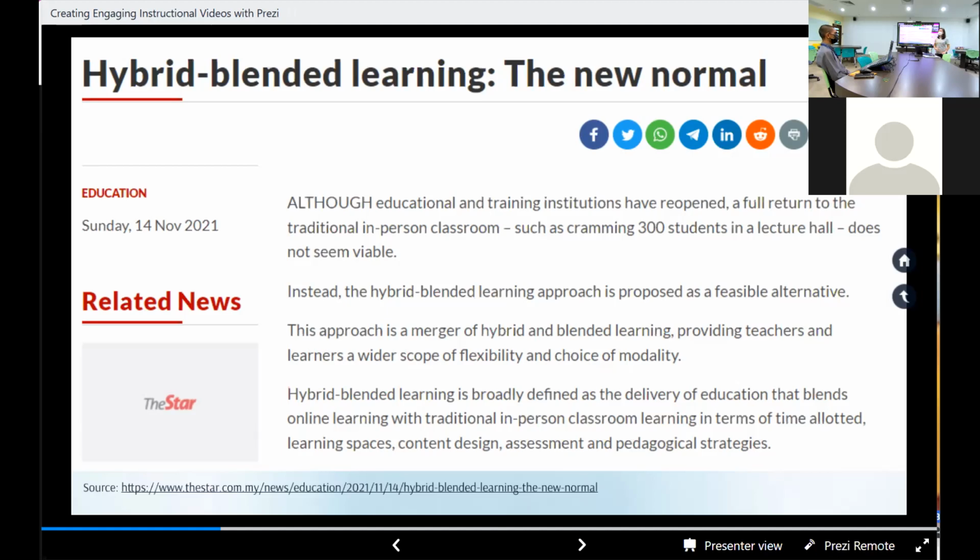Because we have to understand that our students come from different backgrounds, different prior knowledge, different expectations, different learning abilities, different learning pace.